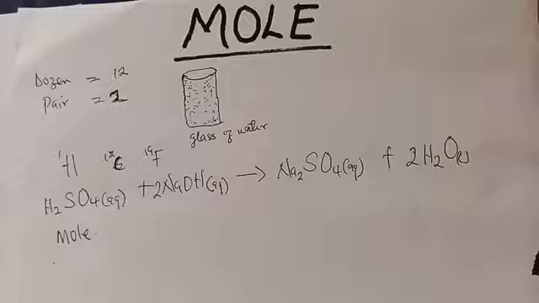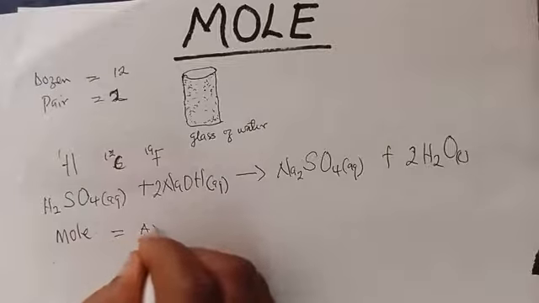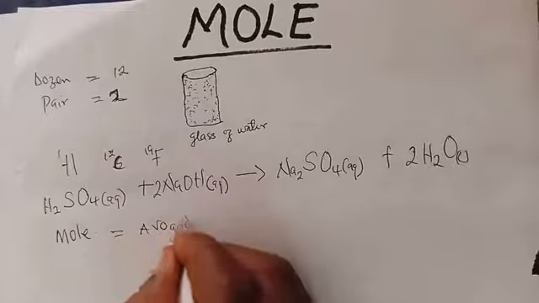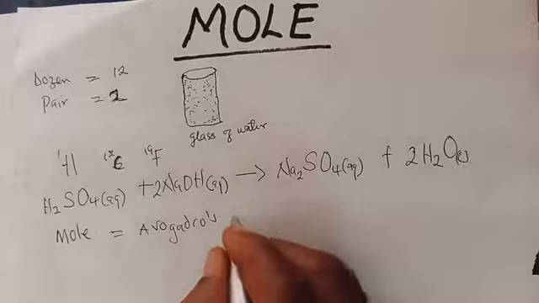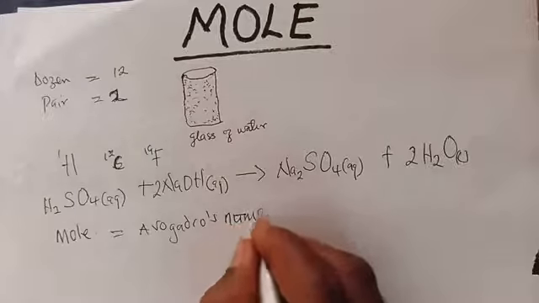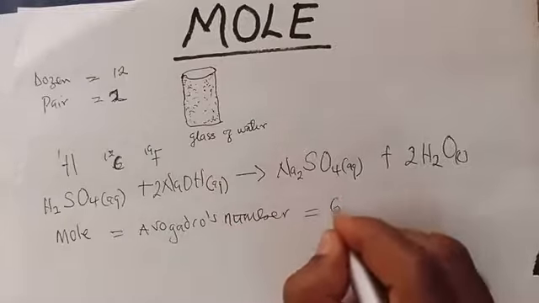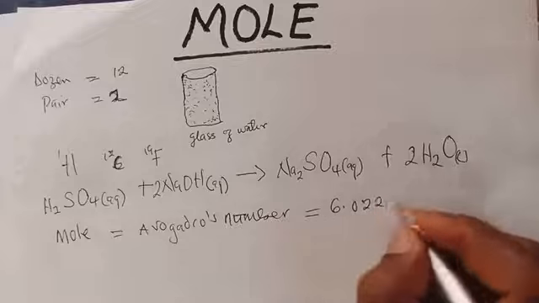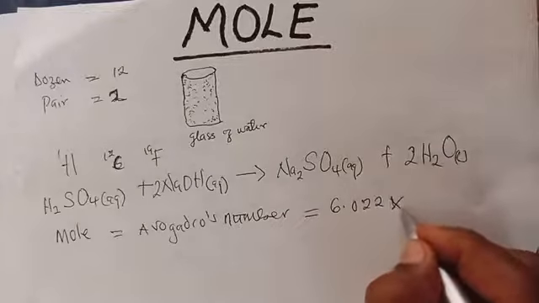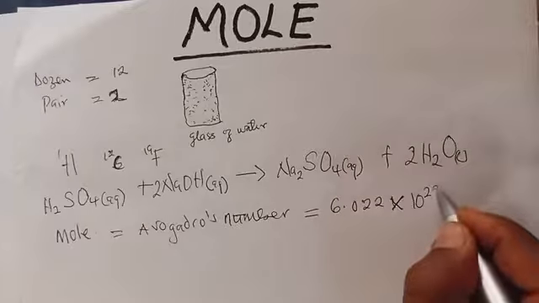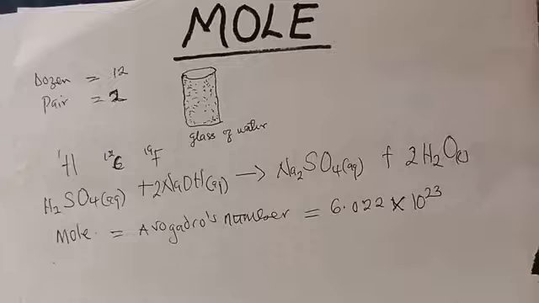It is a very huge number, which is equal to Avogadro's number. This number is equal to 6.022 multiplied by 10 raised to power 23.